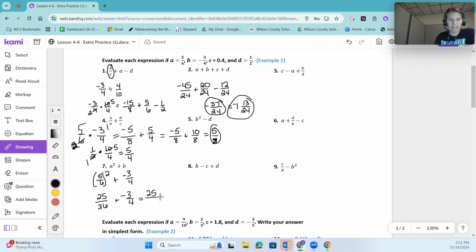The first one stays the same, plus negative, and 36 is my denominator here. 4 times 9 is 36, so 3 times 9 is 27. 25 plus negative 27 is negative 2 over 36, and that simplifies to negative 1/18. That is your solution. There are several more that you can try on your own, like those.